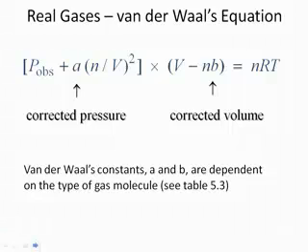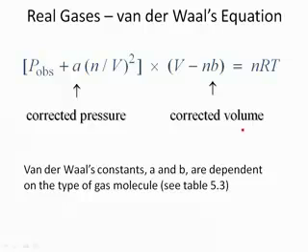And basically what you can see here is that, remember how we said that the pressures are going to be affected because we've got other molecules interacting with the path of the molecule that's going to hit the wall. And then we also have a corrected volume because the volume of the gas molecules themselves becomes significant.